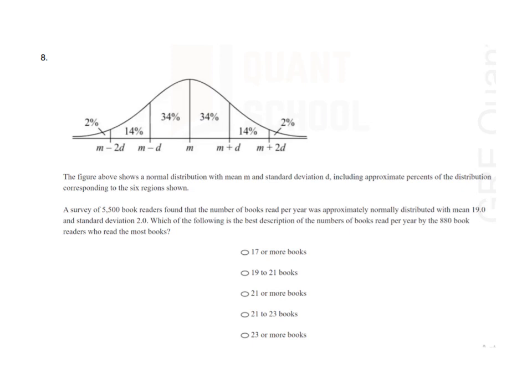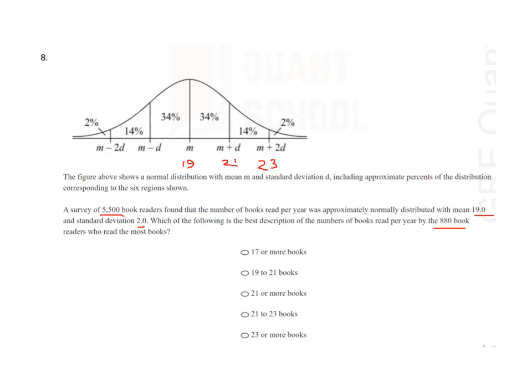A survey of 5,500 book readers found that the number of books read per year was approximately normally distributed with mean 19 and standard deviation 2. Which of the following is the best description of the numbers of books read per year by the 880 book readers who read the most books?